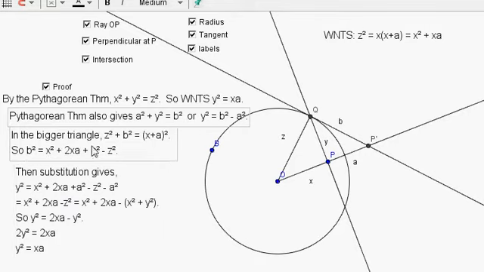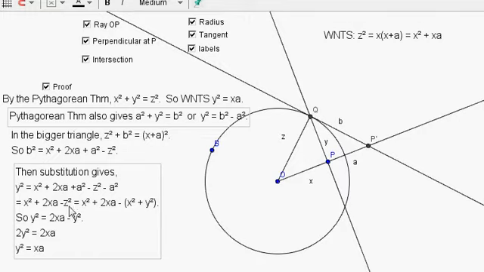Then it's just a matter of substitution. So let's see if I can remember how I did this. y squared is b squared minus a squared. So if we take that and plug this in for b squared, we get that minus a squared. a squared minus a squared is going to cancel out, so we've got a little bit simpler expression. We're left with y squared is x squared plus 2xa minus z squared.